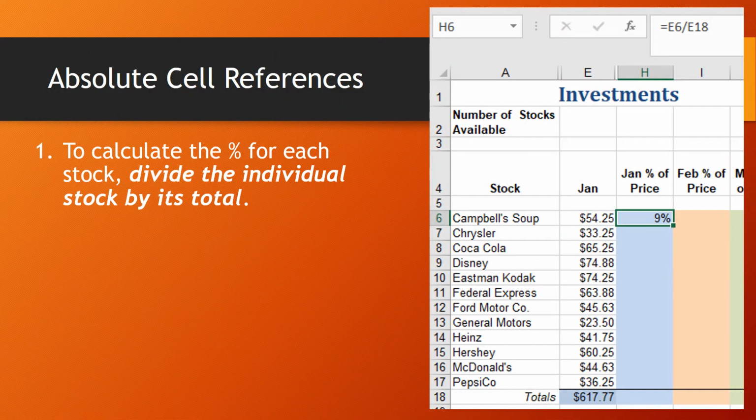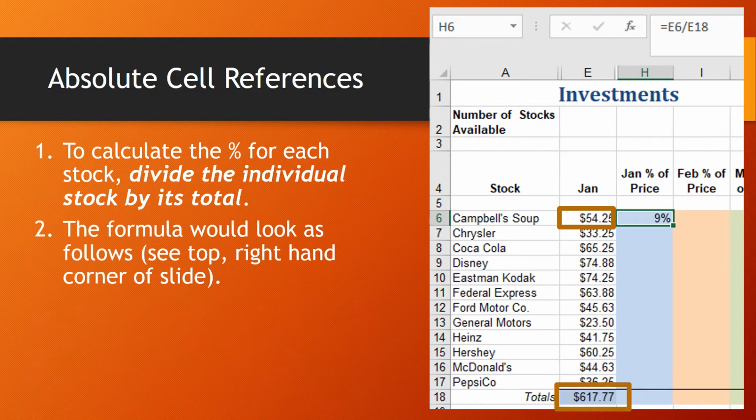To calculate the percent for each stock, divide the individual stock by its total. In this case, we would take $54.25 and divide it by the total stock, which is $617.77, in order to get the 9% for Campbell's Soup's January percent.